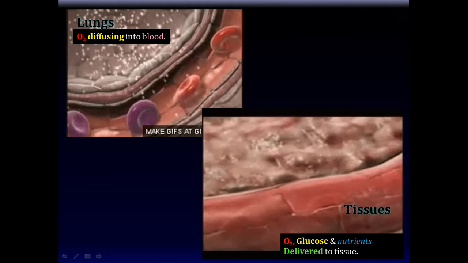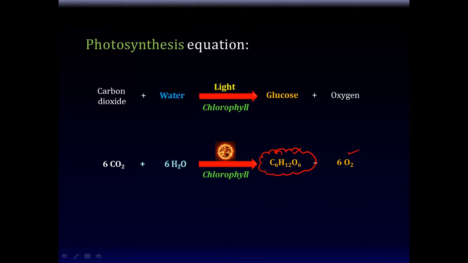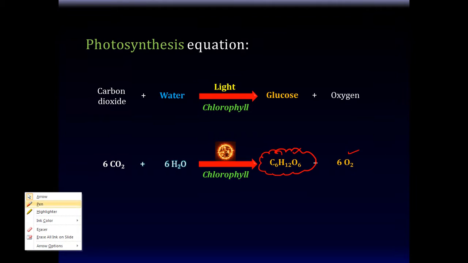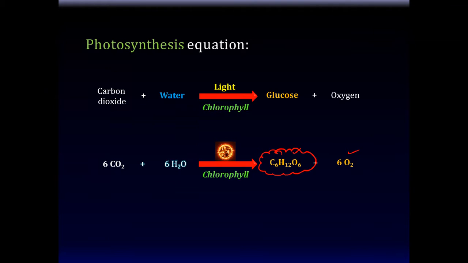Now let me tell you one more thing about this reaction. So cells take carbon dioxide and water and make glucose and oxygen. Now oxygen is so important because the energy is trapped in the glucose, but that energy is to be released. We need oxygen.